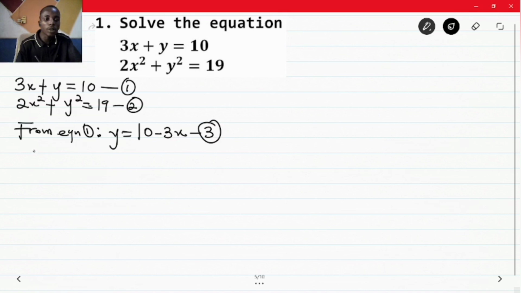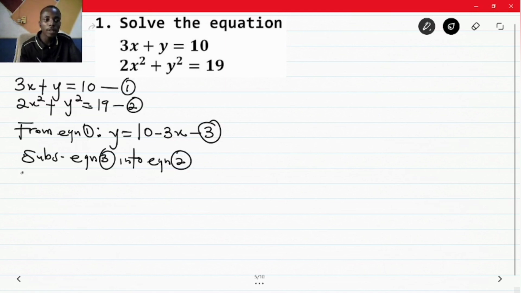Now, what I'll do next is to substitute equation 3 into equation 2. What I did was to use equation 1 to get equation 3, and I'll put it back into equation 2.